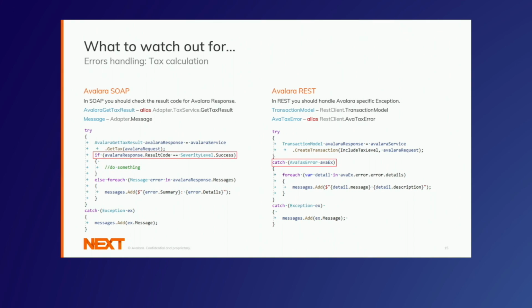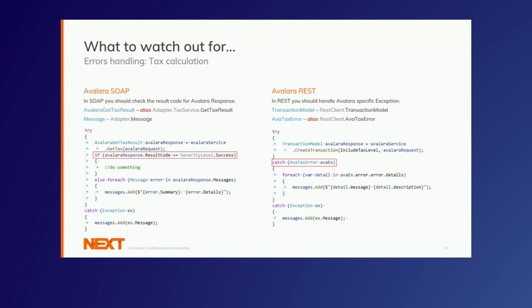In REST, to get a response, you should call the create transaction method, and if there are some issues with your document, you will get an exception, in which case you should handle the Avalara specific exceptions to collect messages that include details about the specific problems you encounter.